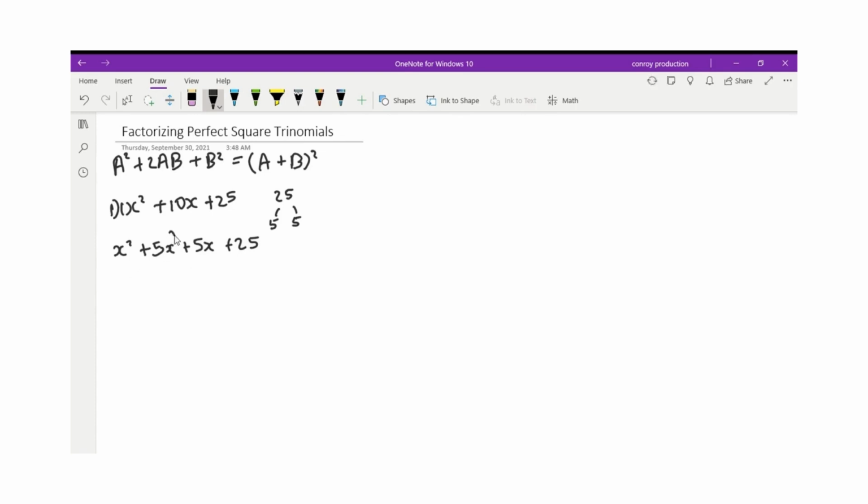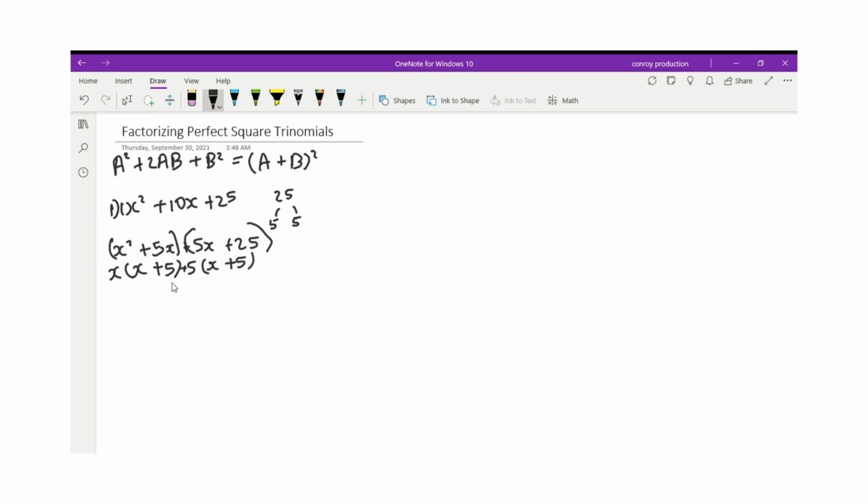So what we're going to do now is group. Then we can factor out x, x plus 5. We factor out a 5, and it's the plus 5. And we have x plus 5.